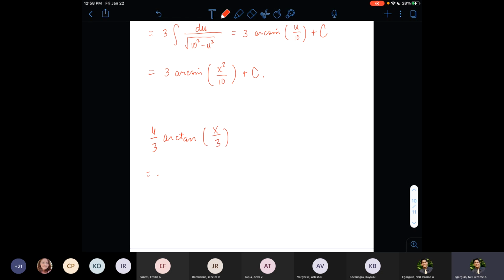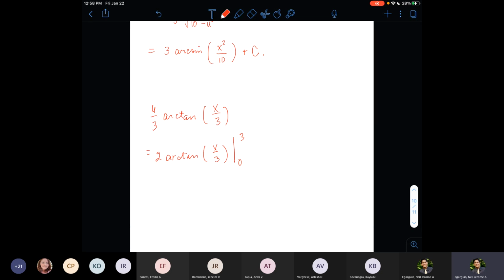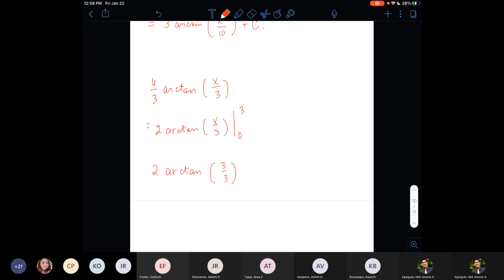Yes. So that's 2 arctan of x over 3. But you need to evaluate this from 0 to 3, right? I'll do the first half, plug in 3, and hopefully you can do the other step. So I plug in 3, so I'll get 3 over 3 there. And this would be what? 2 arctangent of 1. Good?